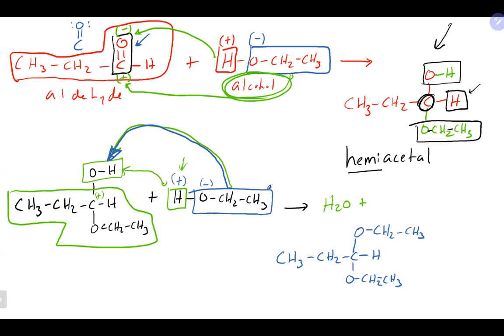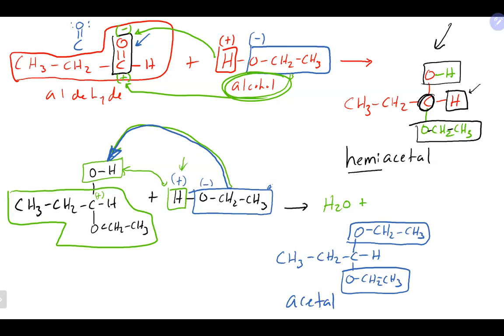So what we end up with here is something where we added two parts, these oxygen carbon parts from two different alcohols. They're the oxygen part of the alcohol. And this is what is known as an acetal.